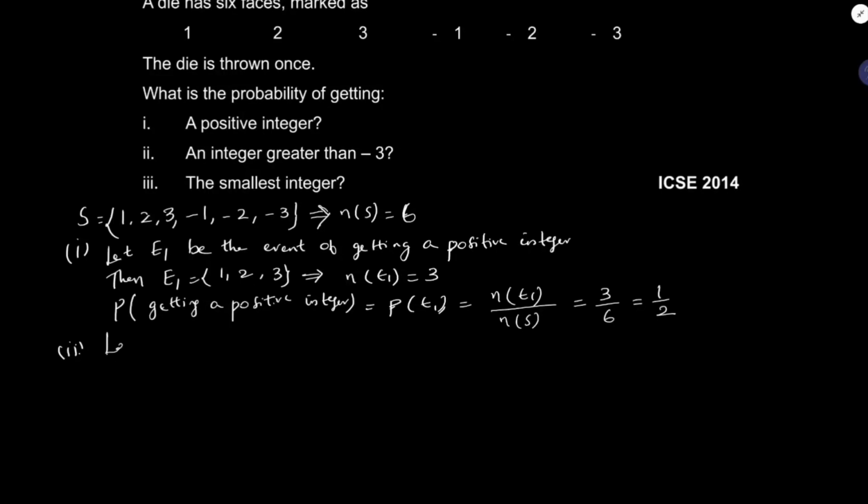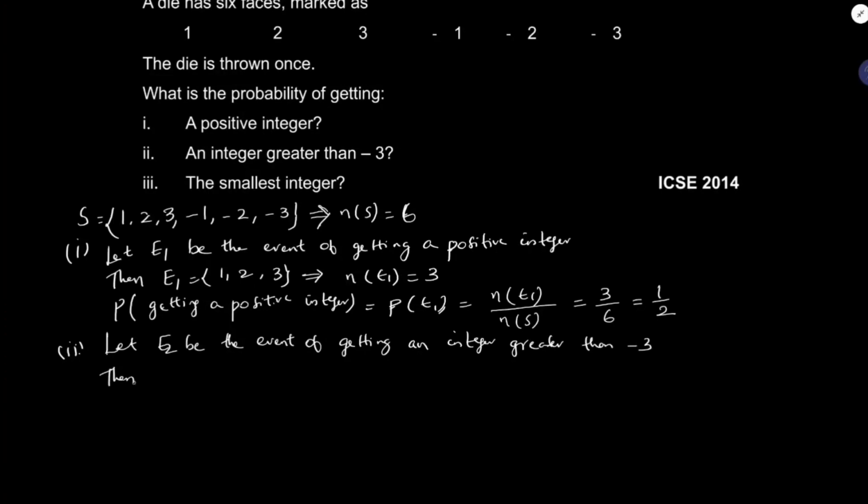Let E2 be the event of getting an integer greater than -3.